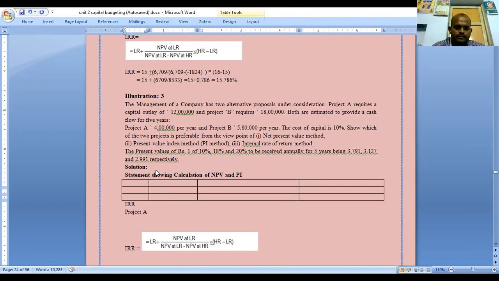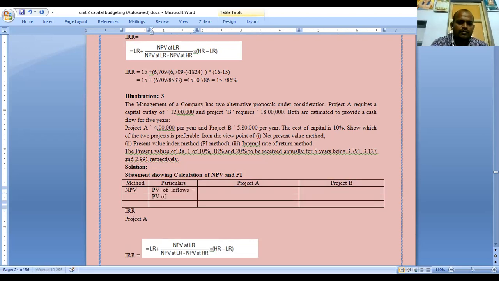Method, particulars, project A and project B. Method is NPV, first method. So particulars, what is the formula for NPV? PV of inflows minus PV of outflows.